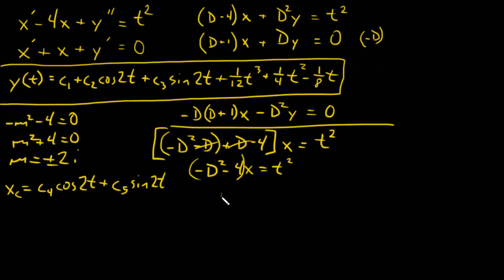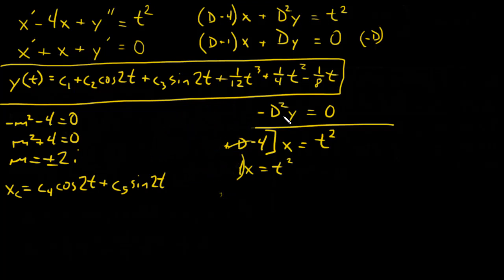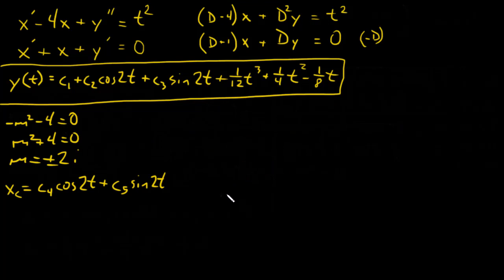So now that I've got that, I can erase some of the stuff over here and start working on getting my particular solution. So for the particular solution we have to work with, I've got my, oh, I just erased it. Gosh, I wish I hadn't done that. It's not that big of a deal.